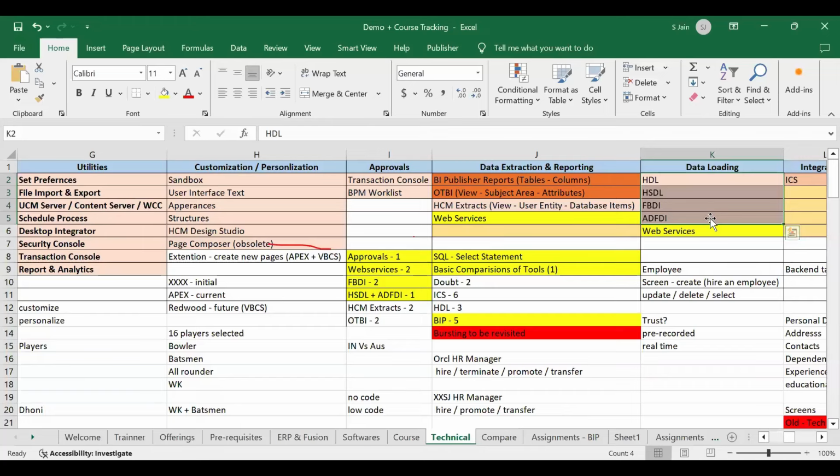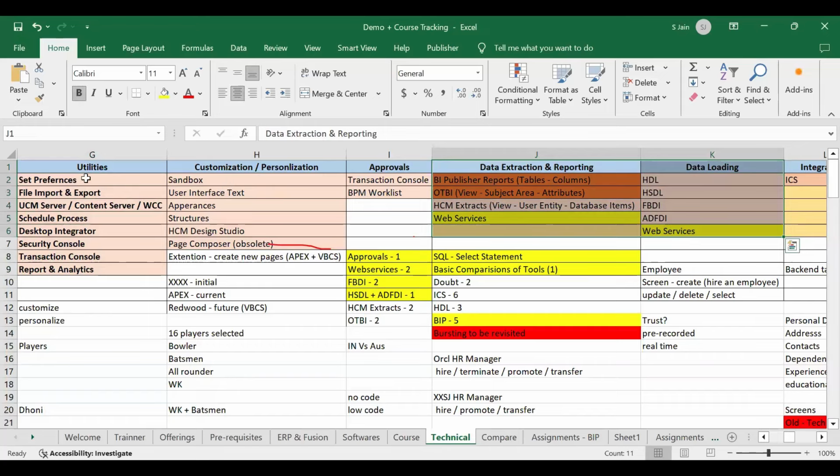Okay. So guys, this column J and K, internally these tools while we are learning may be using these sorts of utilities. So we will be specifically learning about these tools and utilities also. In addition, there is a special subject area for a technical consultant: customization and personalization.